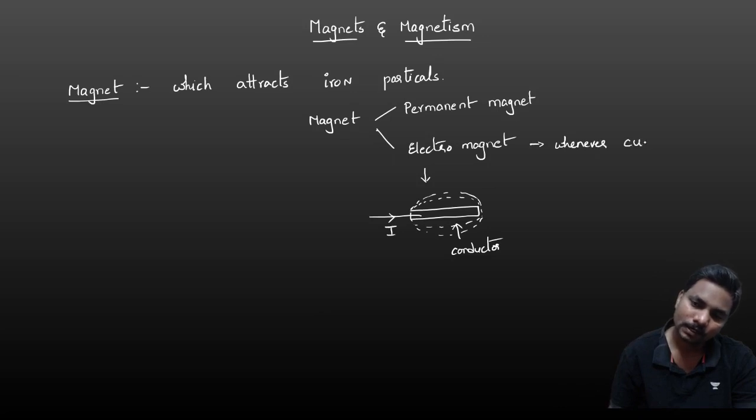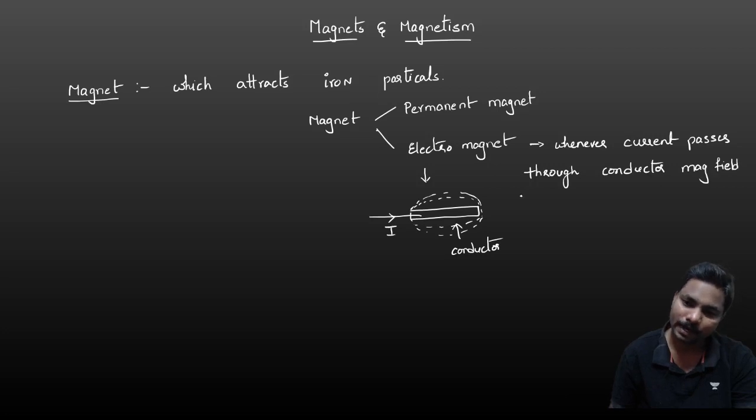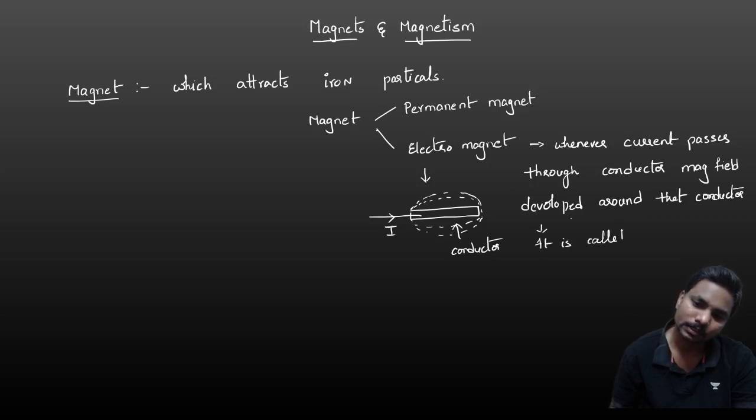Whenever current passes through a conductor, a magnetic field is developed around that conductor, so it is called an electromagnet.